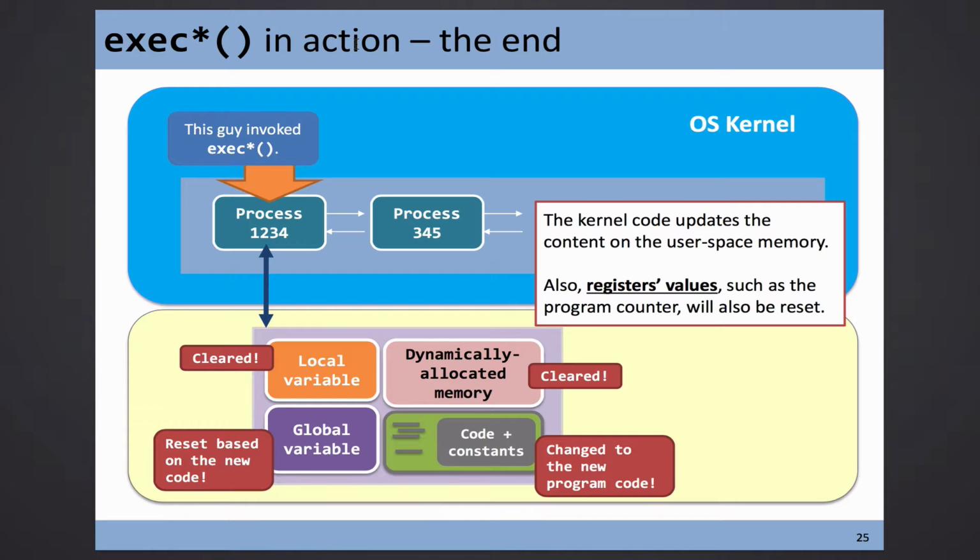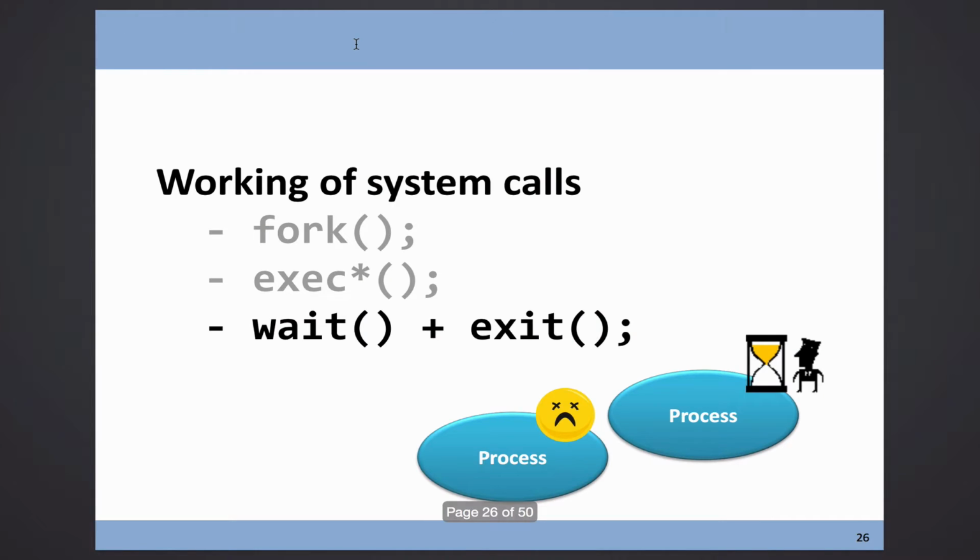And this is the boring part, as I told you. Now we are going to something kind of exciting: the wait and exit system calls. The wait and exit system calls actually work in a pair. What is the meaning of working in a pair? The wait system call waits for the termination of the child.